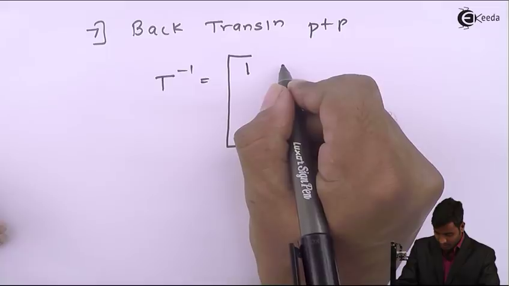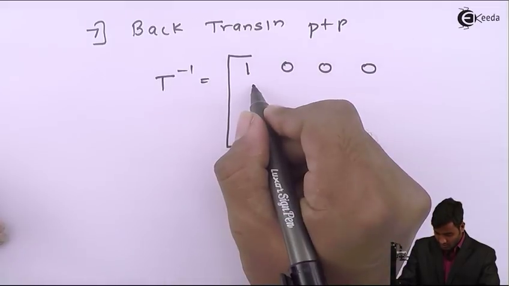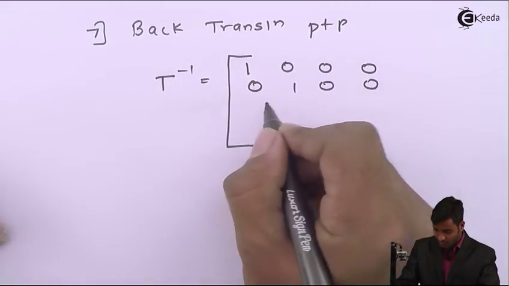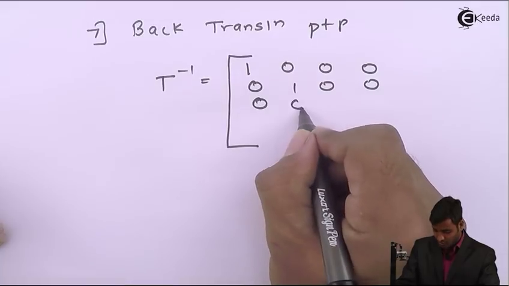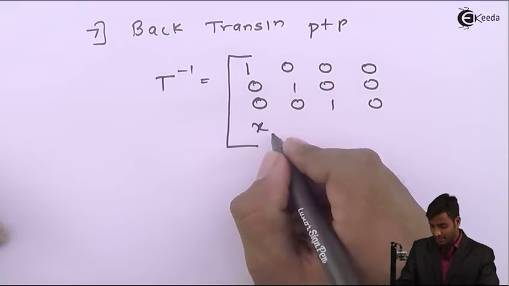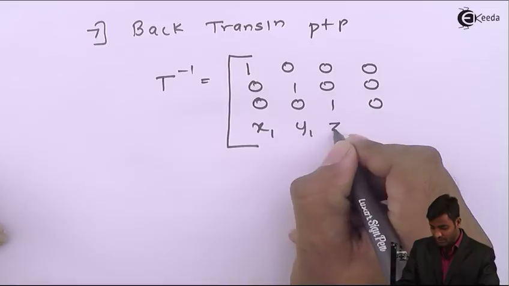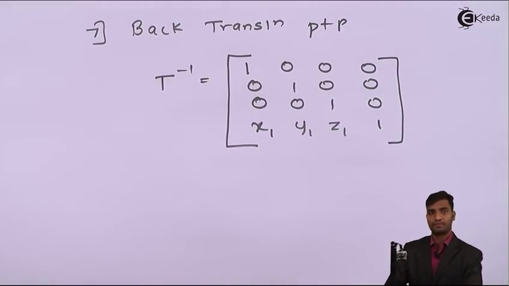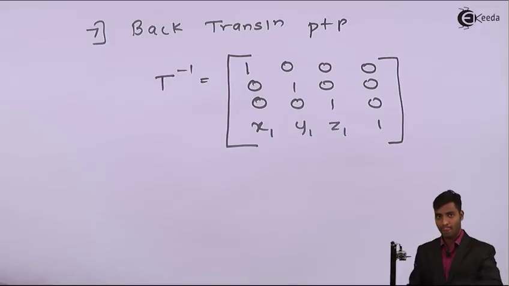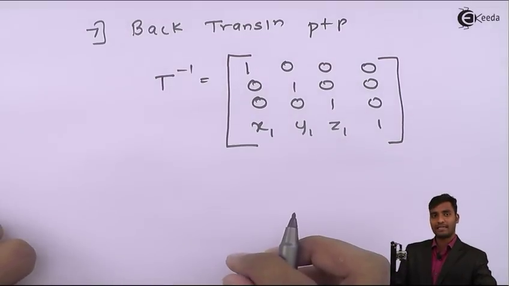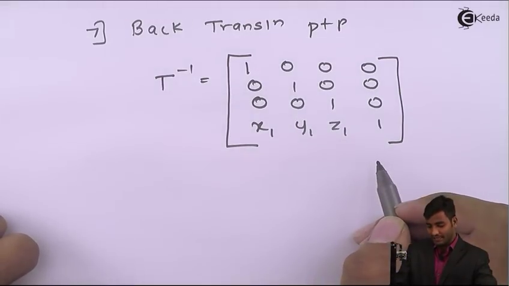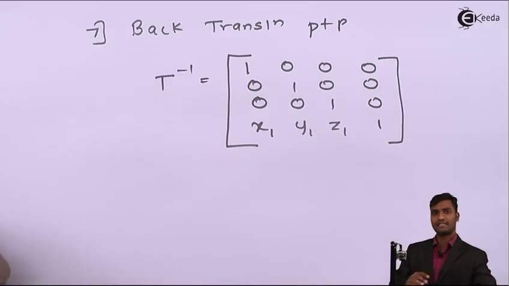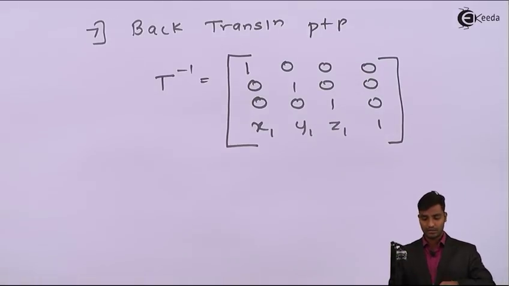So that will be 1, 0, 0, 0; 0, 1, 0, 0; 0, 0, 1, 0; and this will be positive x1, y1, z1, 1. So now this is the matrix for back translation of point P, that is, we are placing it back to its original position.